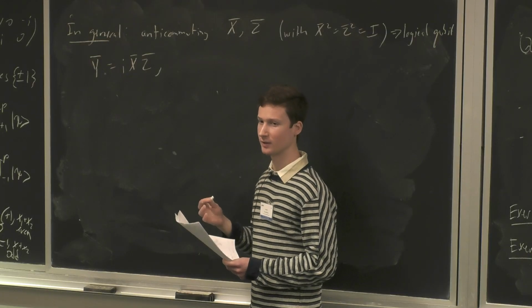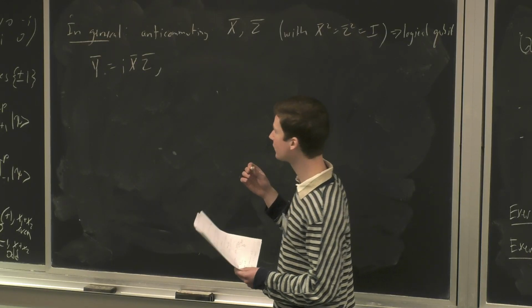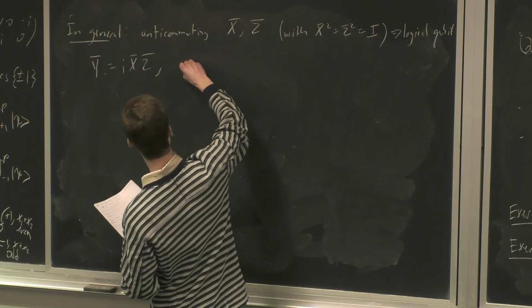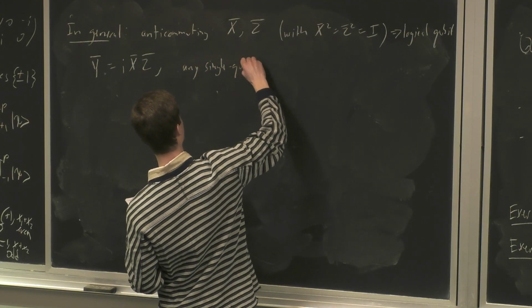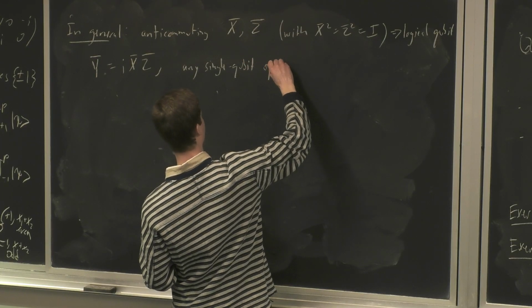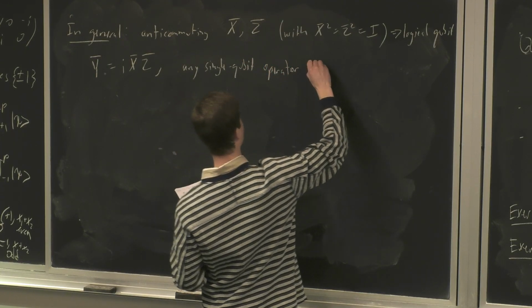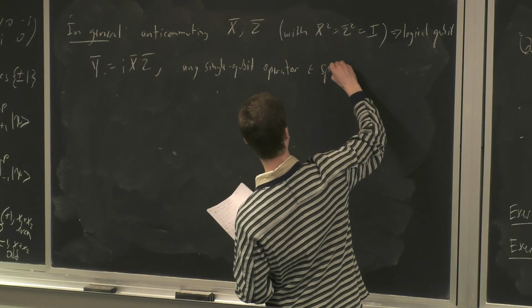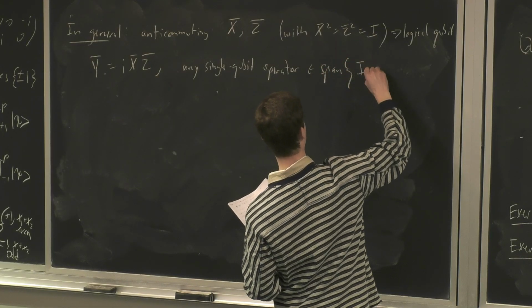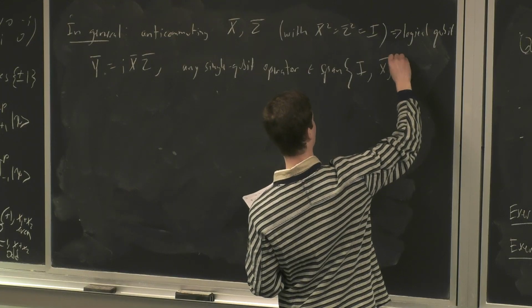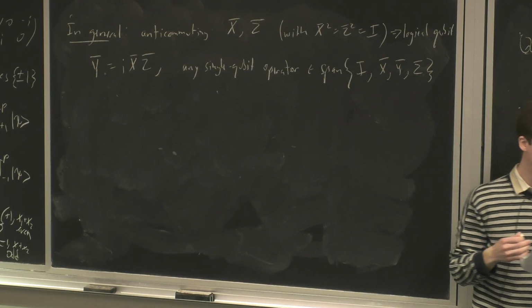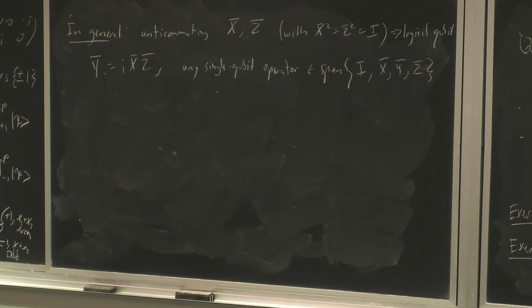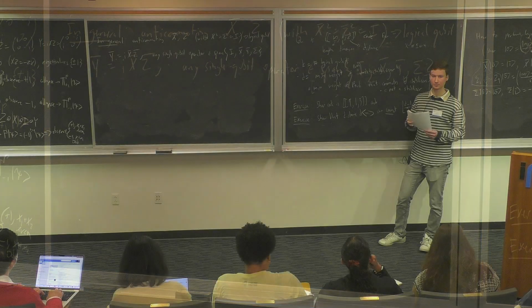So the logical version of any single qubit operator, acting on a logical qubit, should be a linear combination of I, x bar, y bar, and z bar. So essentially, once we've found x bar and z bar, we can take linear combinations and do arbitrary single qubit operators.